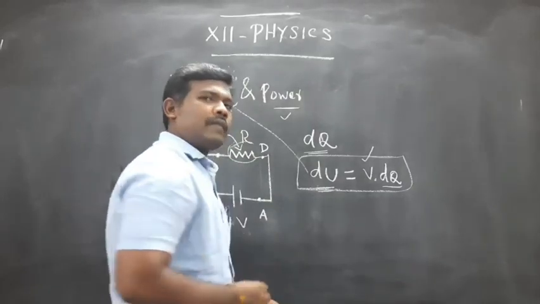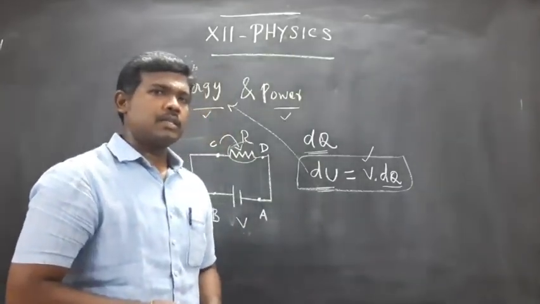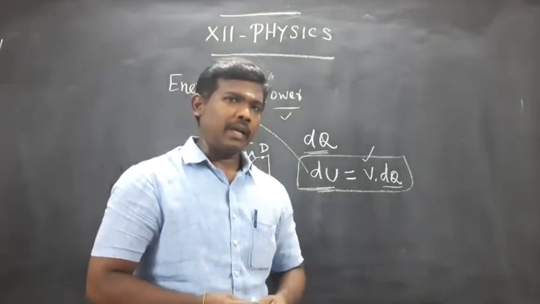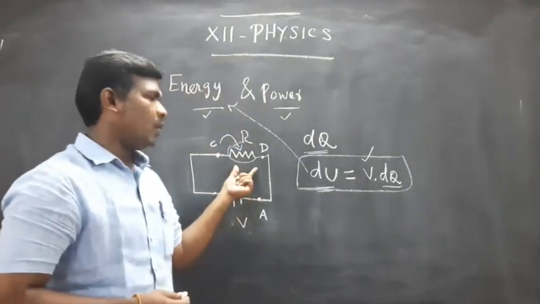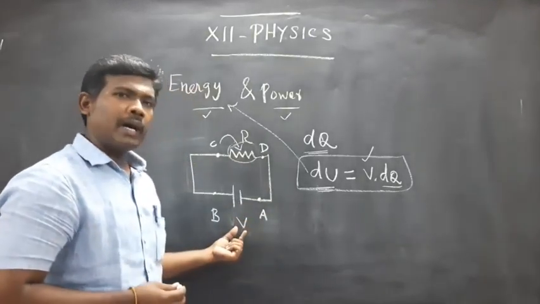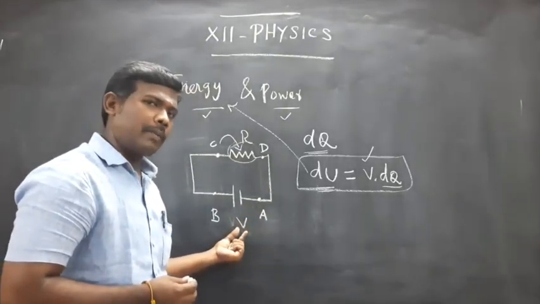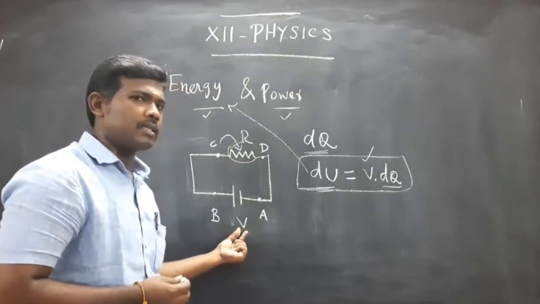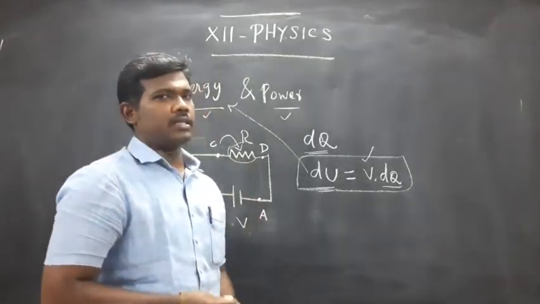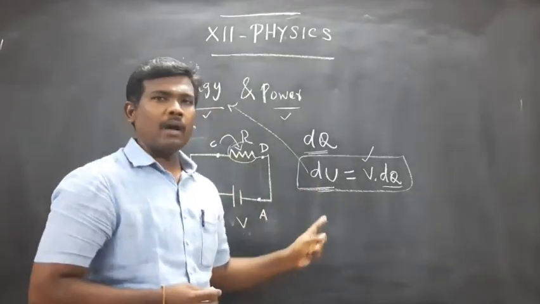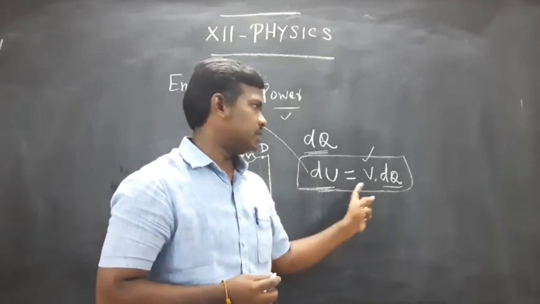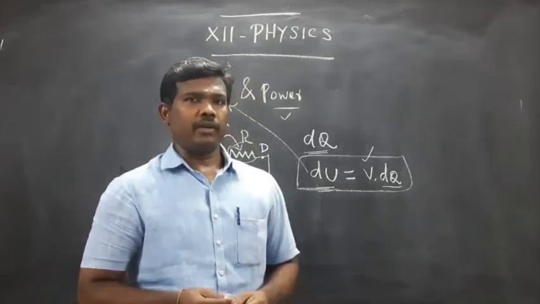The rate at which the charges lose a particular amount of energy is carried out across the resistor. That means the amount of energy taken from the charges is the amount of energy received by the resistor. So this is the formula. In numerical questions also we are going to use this formula: dU is equal to V into dQ.